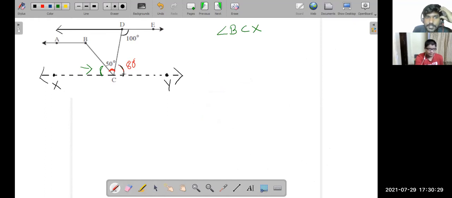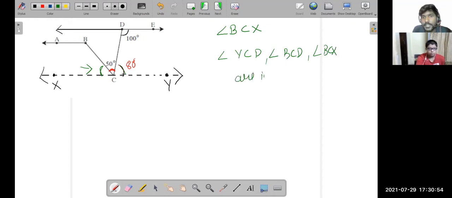How to find BCX? BCX and BCY are in a linear pair. Now here there will be three angles in a linear pair: angle YCD, angle BCD, and angle BCX. These are the three angles in a linear pair. Correct?